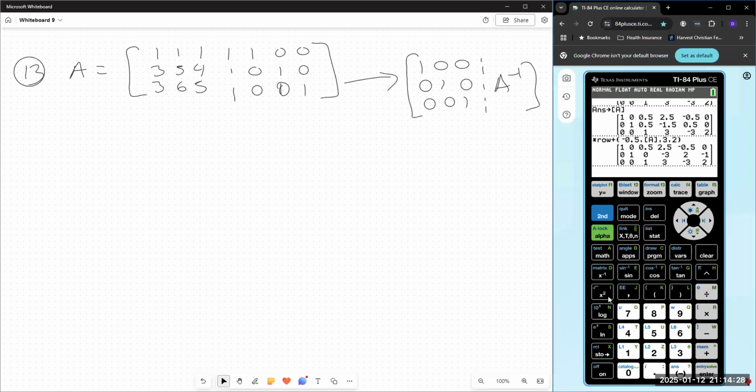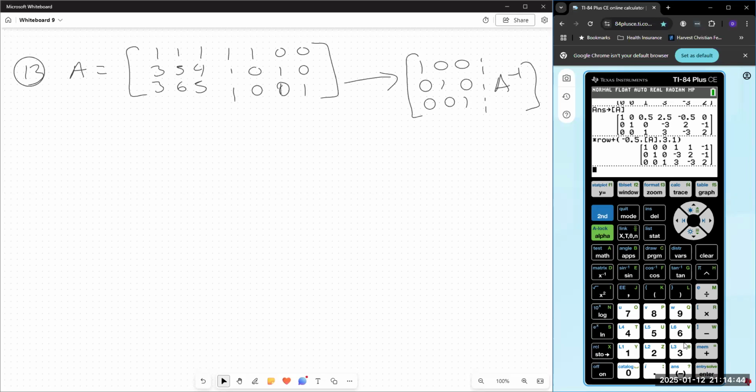And we want to store that. And then we want -1/2, 3, and 1.